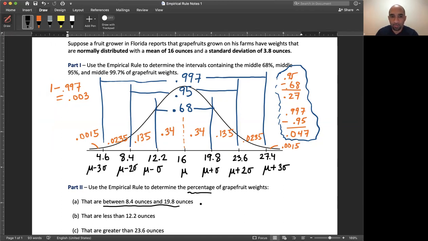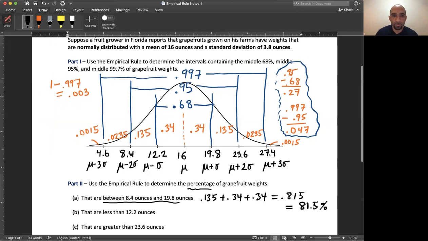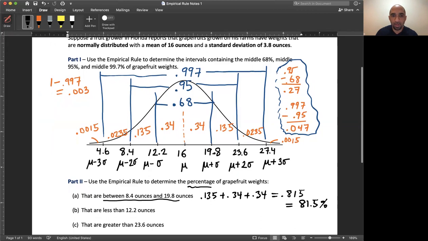So we add them together. We get 0.815. This is the same as saying 81.5%. So 81.5% of grapefruit weights are between 8.4 and 19.8. We added up those three percentages.